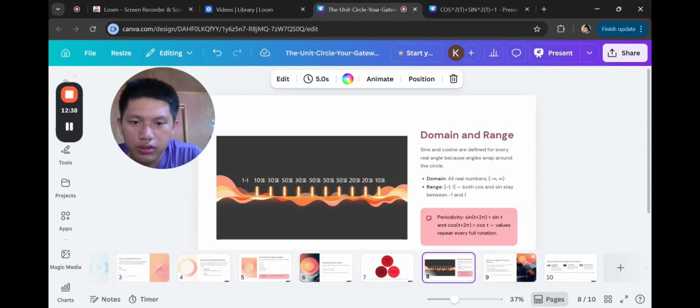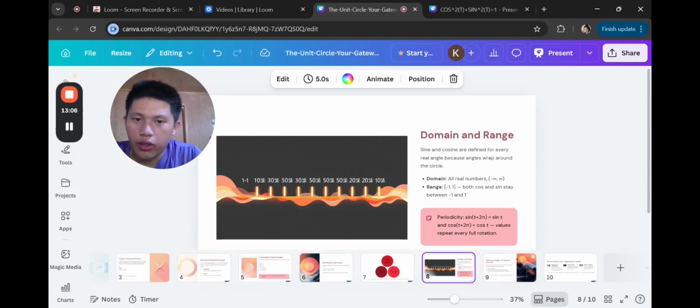The input of the trigonometry function is an angle, often represented as t or theta. Because you can rotate around the circle infinitely in either direction, positive or negative, there is no limit to what the angle can be. And the range is negative 1 to 1.